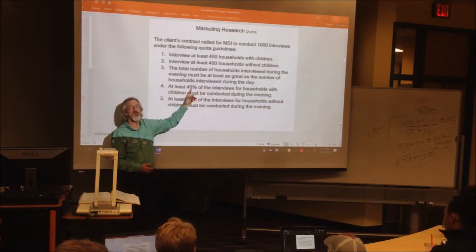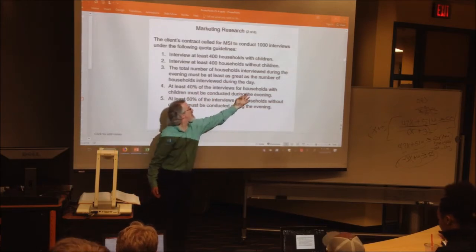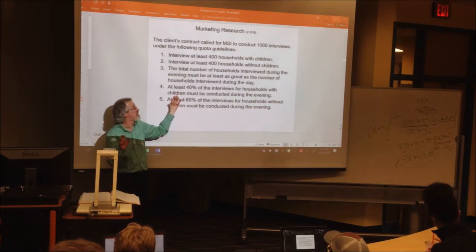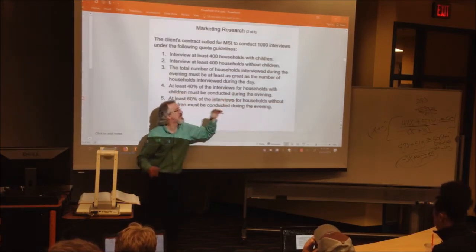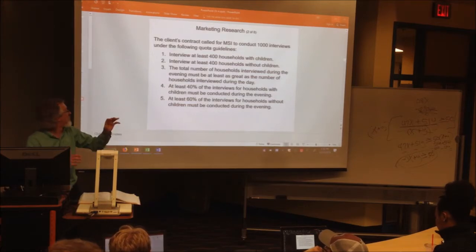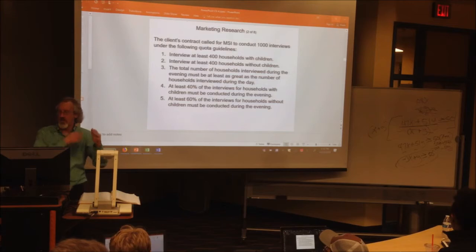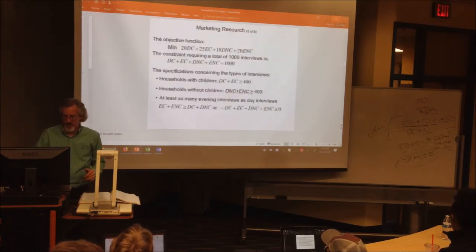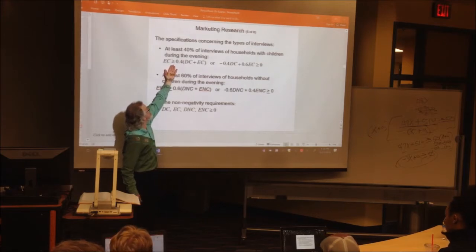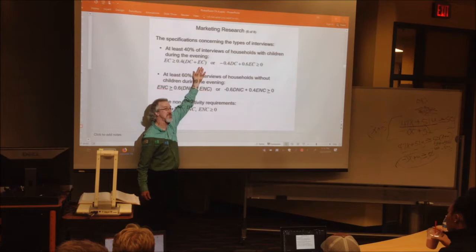40% of, 0.40 times. Of is multiplied. The interviews for households with children, so whatever variables represent households with children, must be conducted during the evening. So on the left-hand side would be just the variable for evening with children, greater than or equal to 0.4 of all the with-children interviews.